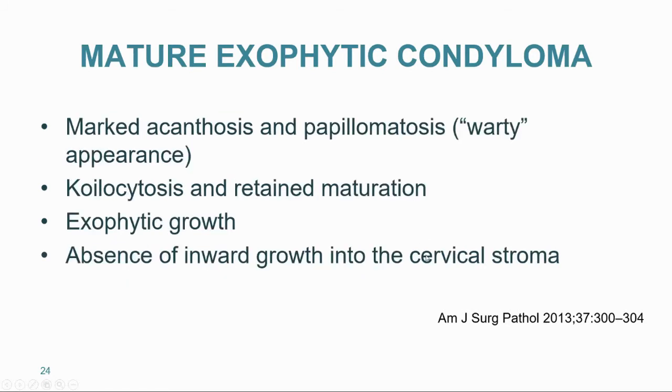These lesions are characterized by marked acanthosis with a warty papillomatous appearance. Histologically, you'll be able to confirm coilocytosis, and they produce abundant or prominent exophytic growth, but there is absence of inward or endophytic growth into the cervical stroma.